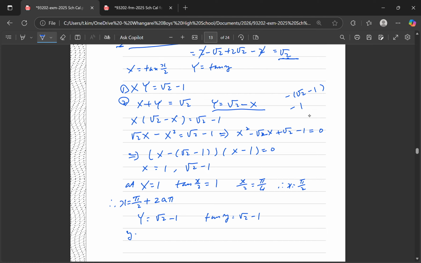So that means y equals tan inverse of √2 − 1. I don't know what that is, so I use a calculator. So I got tan inverse of √2 − 1 equals 0.3926, approximately 0.39267.